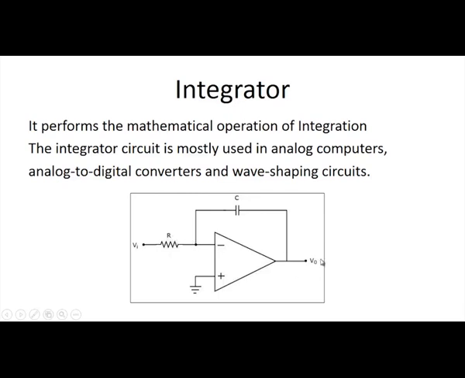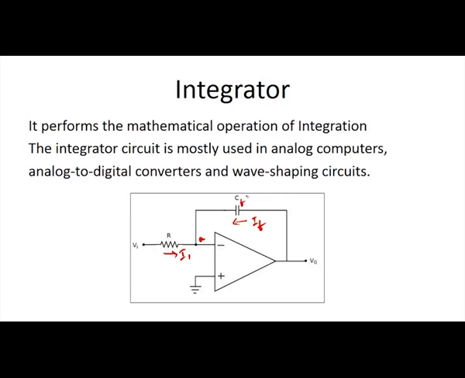We derived the equation for the output voltage of this integrator circuit in the last session. We applied KCL, Kirchhoff's current law, to this node. Consider this node as A, and consider this current as I1 and this current as IF.